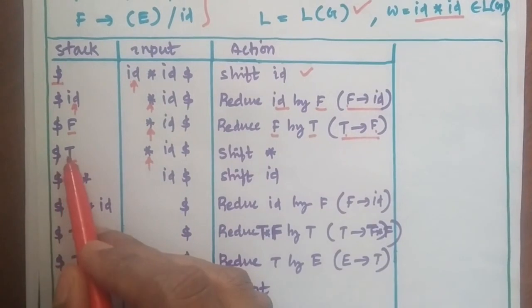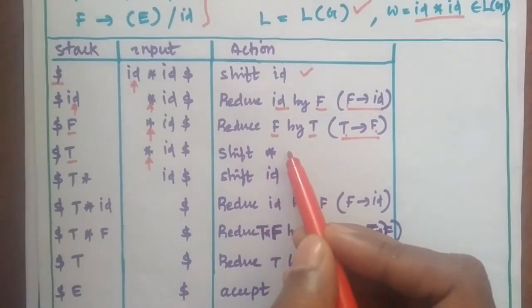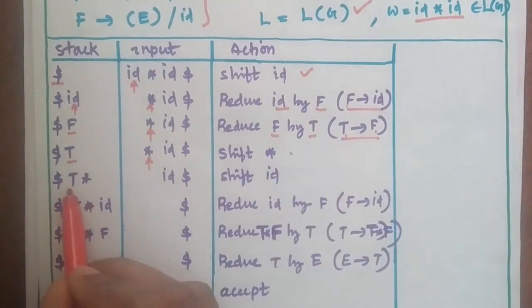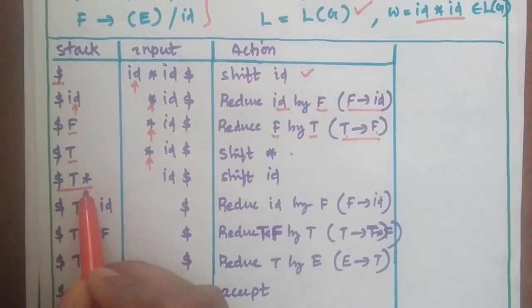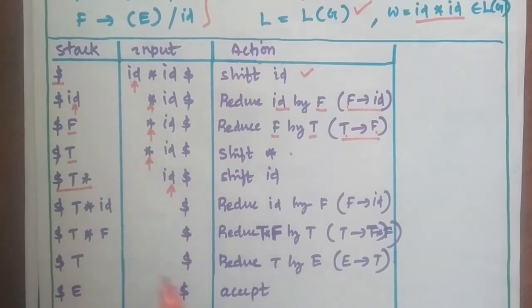Then what does it do? In this situation, the SR parser will shift star onto the stack top. You can see here, this is the stack status, where the stack top points to star, and the input pointer points to the next symbol.